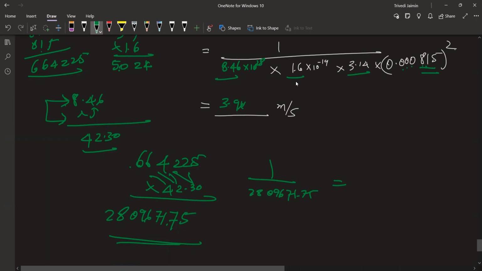If I use the calculator, I'm getting 3.55 into 10 to the power minus 5 meter per second. Okay, so you have to try to get this number, 1 divided by this one.